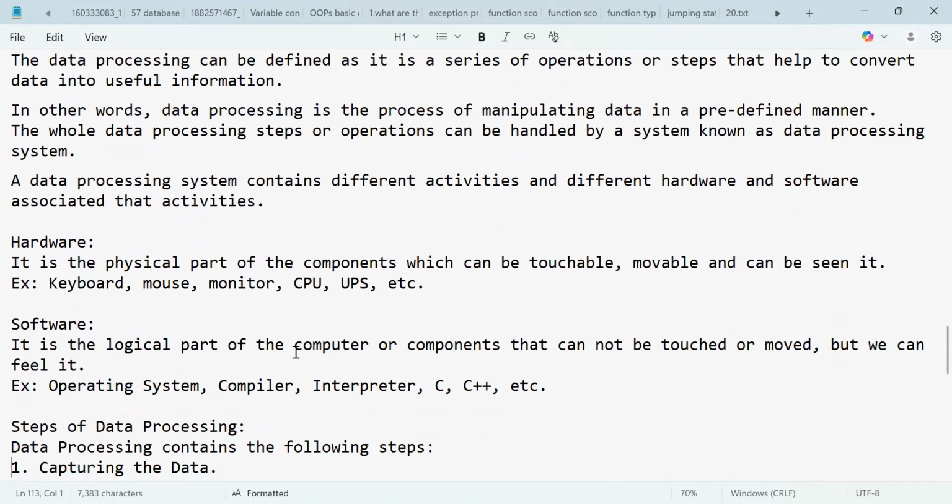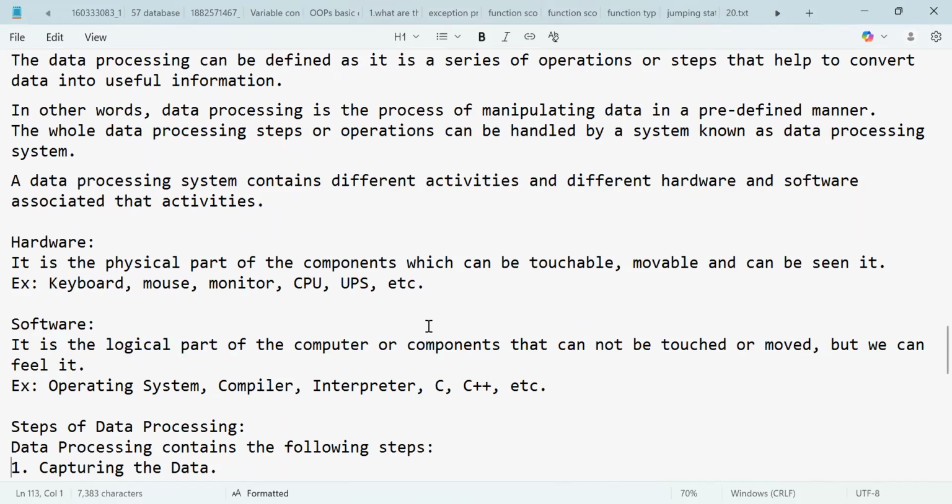So what is hardware and what is software? Hardware is the physical part of the components, which means it is touchable and movable. For example, keyboard, mouse, monitor, CPU, UPS. Whatever is touchable and movable is hardware. Next is software.